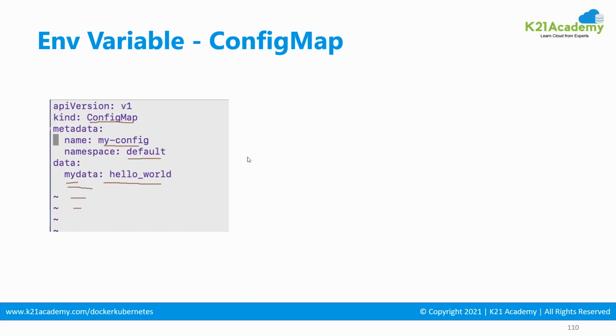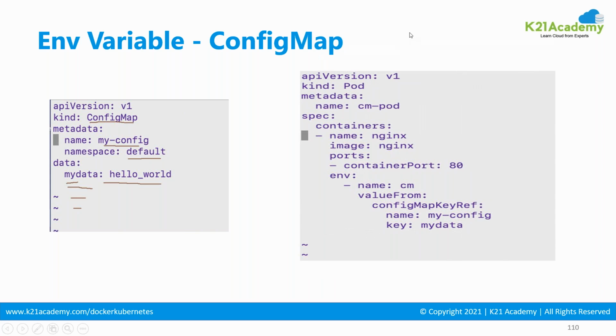Now, how to use this config map in the pod definition or in the deployment definition? So this is the way we can use it. This is a simple pod definition in which we are going to use the config map. You can see this is a simple definition of your pod.